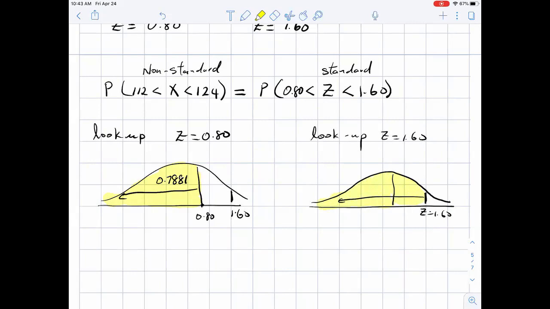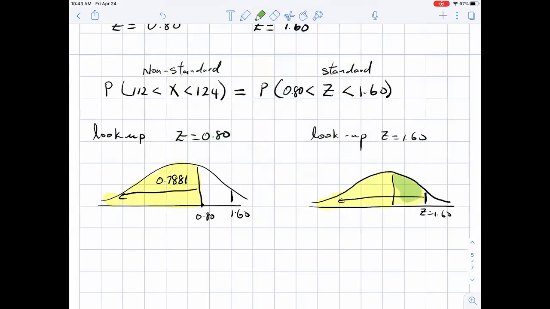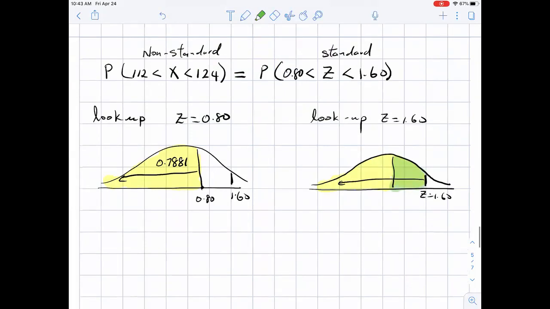You're looking up the yellow and you're looking up the green that you want to find. So when you look up 1.60 on your table, what value do you have? 0.9452.